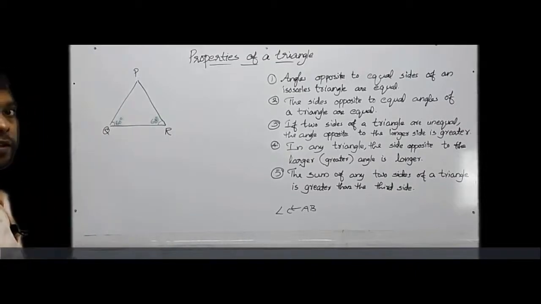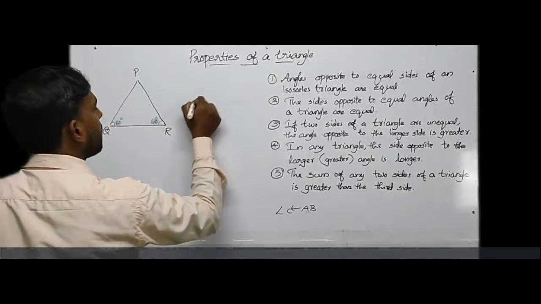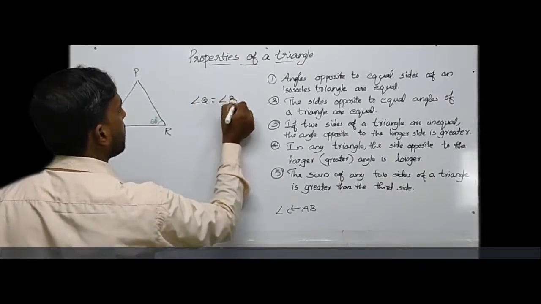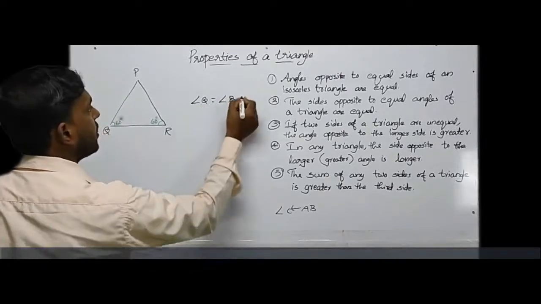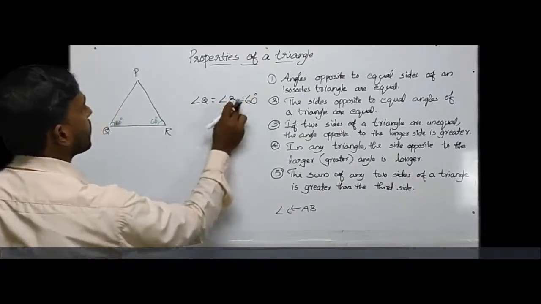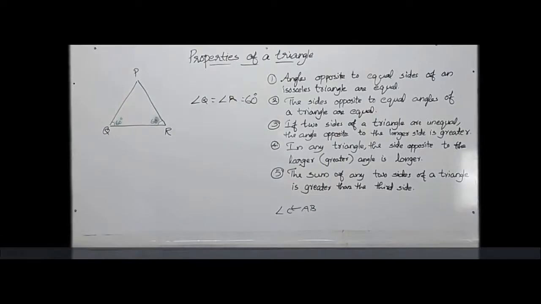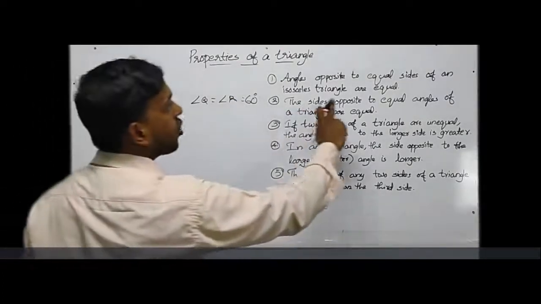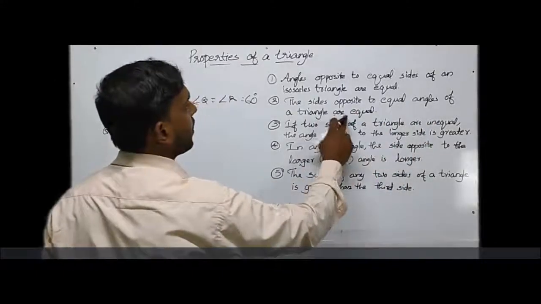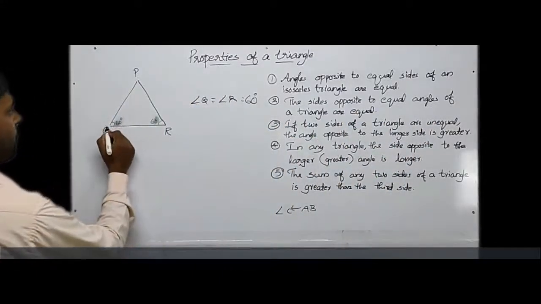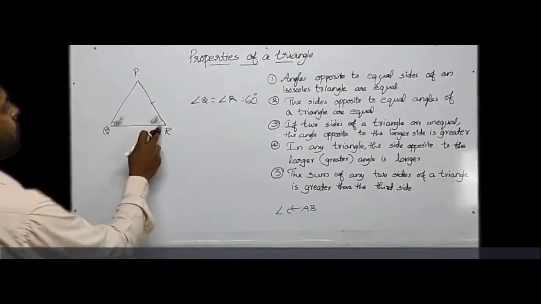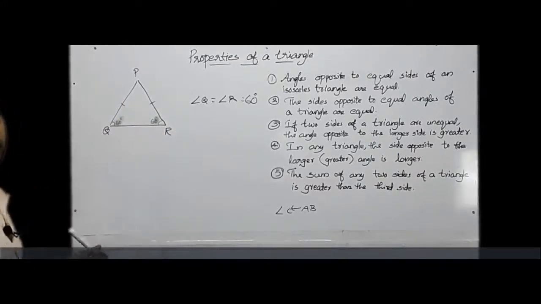Having looked at this picture, angle Q is equal to angle R. Why? Because both are 60 degree each. Now, according to the property, the sides opposite to equal angles of a triangle are equal. We know its opposite side is this one. Its opposite side is this. That's what the property says.